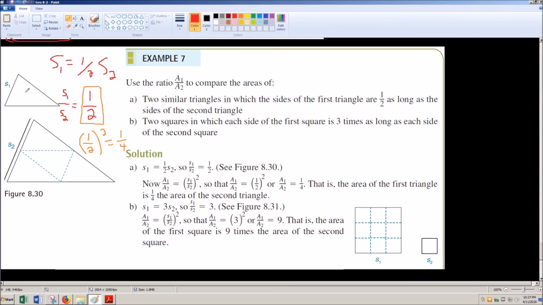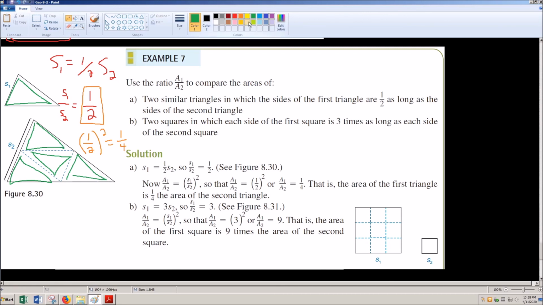So this, which used to be one little triangle like that, is now one little triangle, two little triangles, three little triangles, four little triangles. So again, we see that by doubling the length here, we actually quadrupled the area. So again, when I take the ratio of the lengths, I square that, and that's the ratio of the areas.